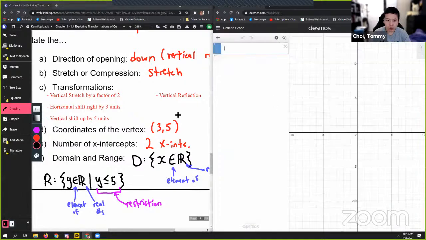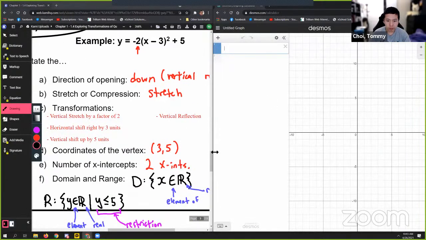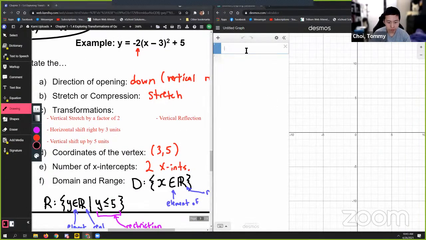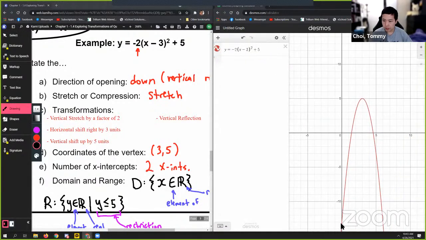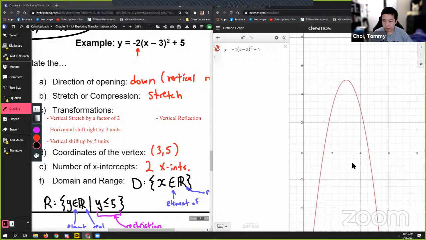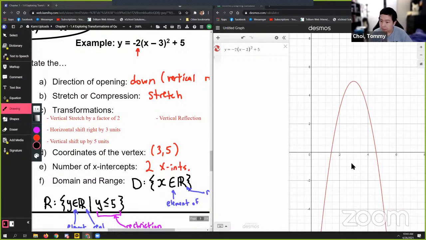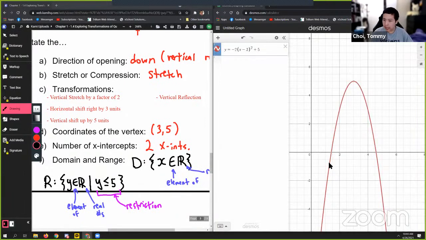So when we graph this out, okay, so here's our graph. X can be any real number.